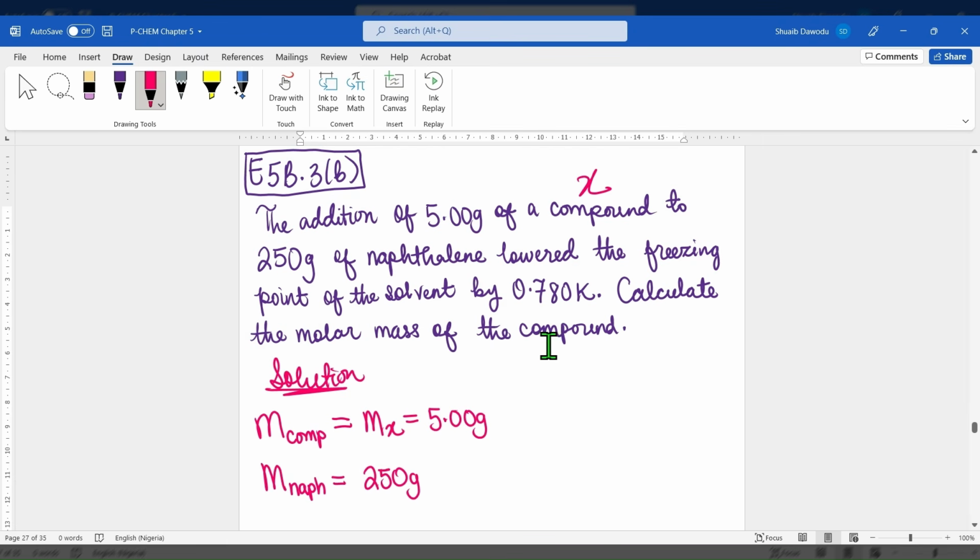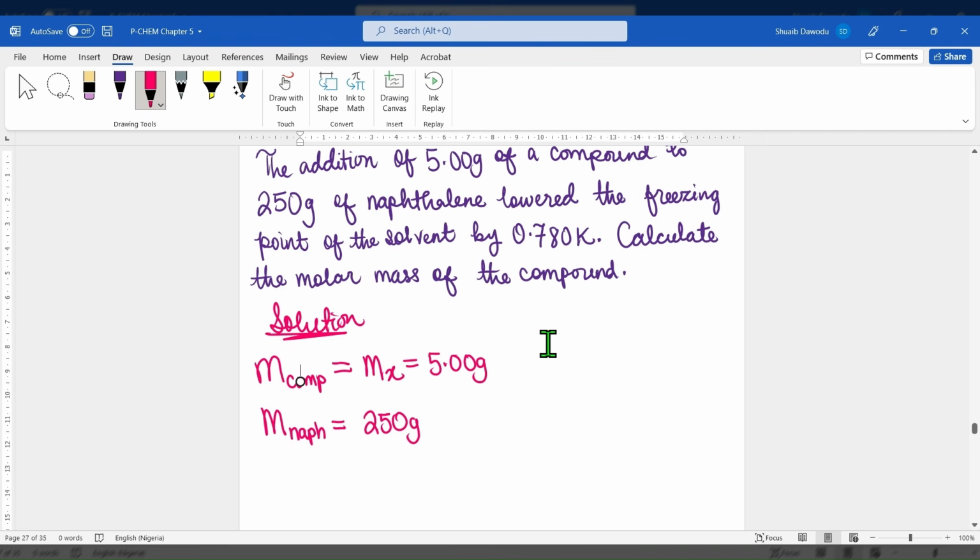Then we're told that when there was an addition of the compound into the naphthalene, it lowered the freezing point of the solvent. In this case, you're going to be wondering, what is the solvent? Let's not forget, in general chemistry, solvent is whatever is in a larger quantity in a mixture. So in a situation where you're mixing salt and water together, the solvent is going to be water because you expect the salt water to have a higher quantity of water than salt.